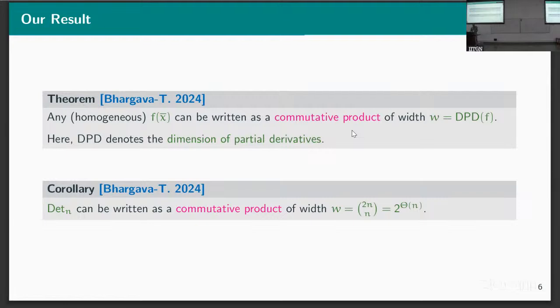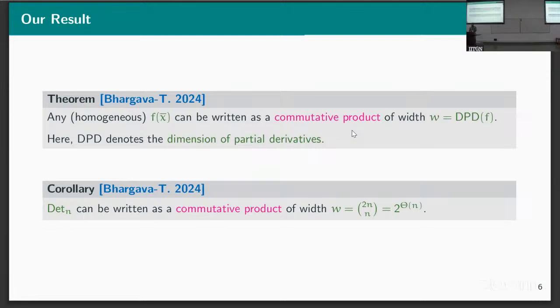So you can see it as a more general version of the duality trick. If your polynomial has this structure, then it can be written as a commutative product of smaller width. This works for anything, but I'll tell you later why I chose determinant.